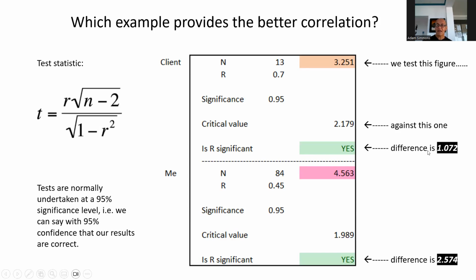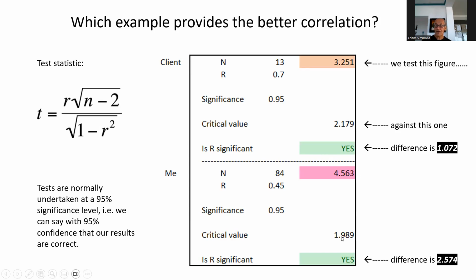Now, how much better is the figure generated from this test statistic than the critical value? It's about 1.07 greater. Okay, so we'll put that to one side. Now, I did the same calculations on my analysis, and I generated the test statistic of 4.563.